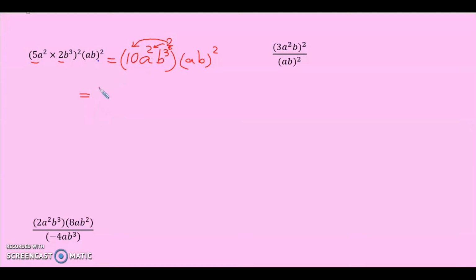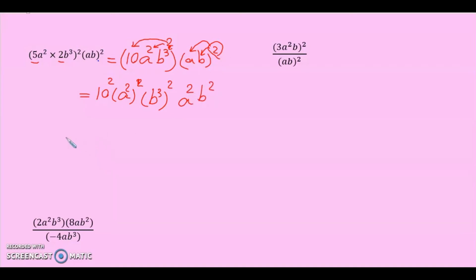I have to raise 10 to the 2, and then a squared should be raised to this outer exponent, which is 2, and then b cubed again should be raised to this outer exponent, which is 2. How about the second one? Second one again, this outer exponent should belong to both factors inside. Therefore, it would be a squared and b to the 2.